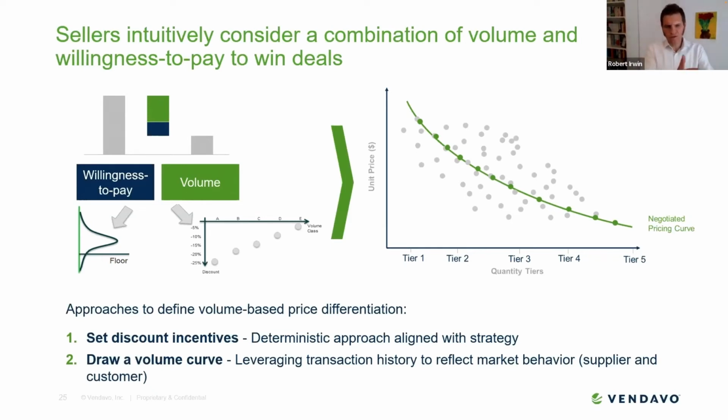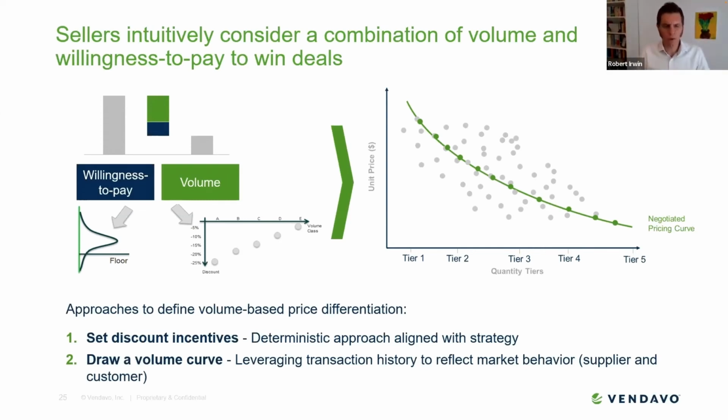So if you think to what we've just seen, what we are doing is taking the transaction data, so list price, final price, extracting the volume component by using this curve, and then separating out the willingness to pay part of the negotiated process.